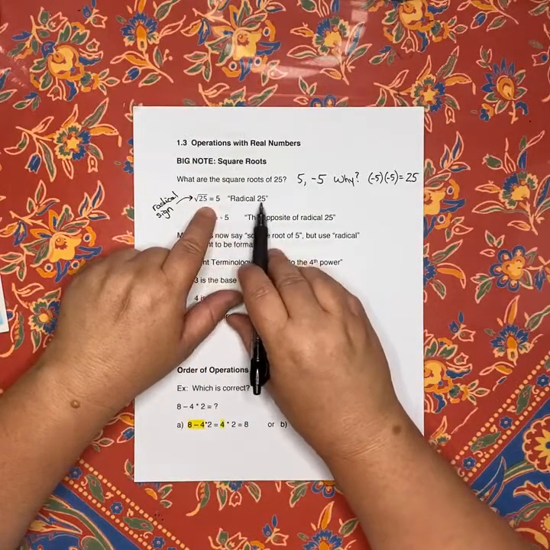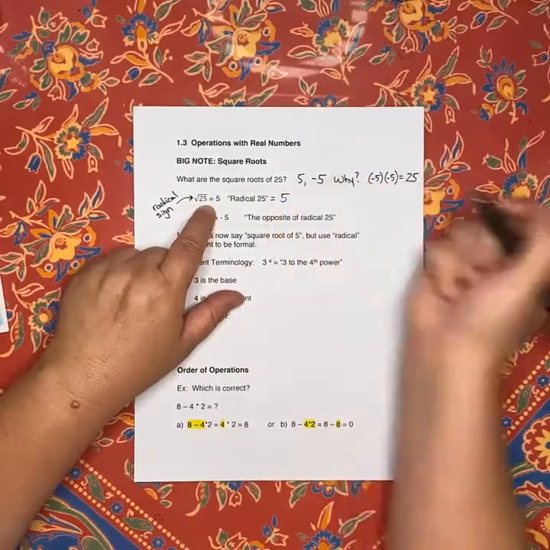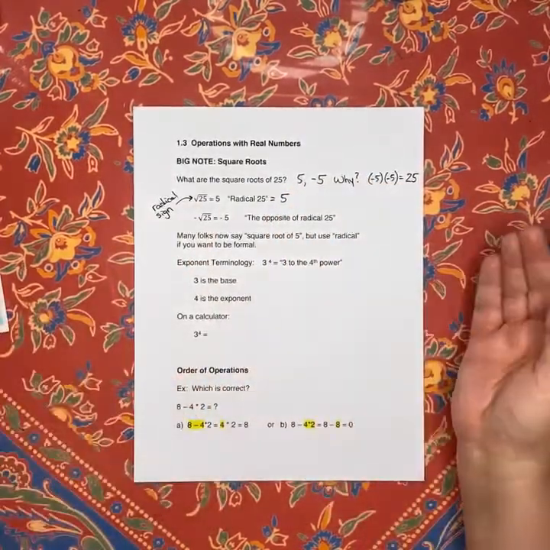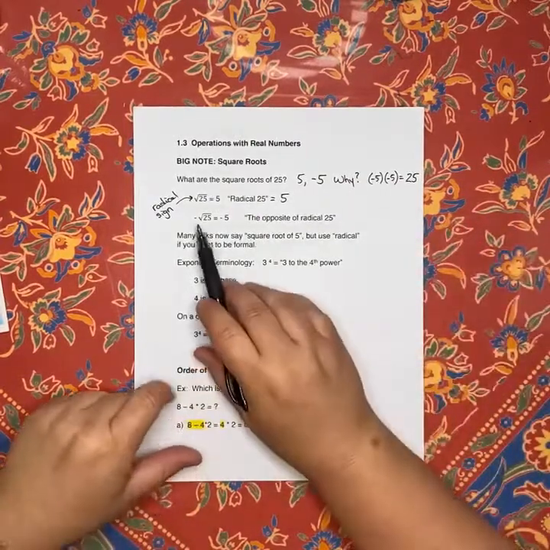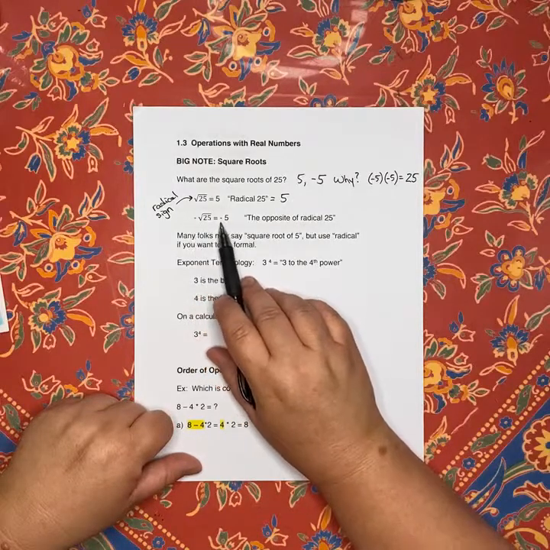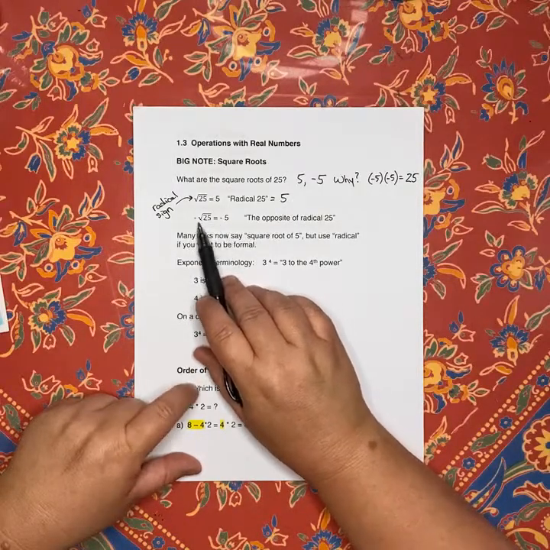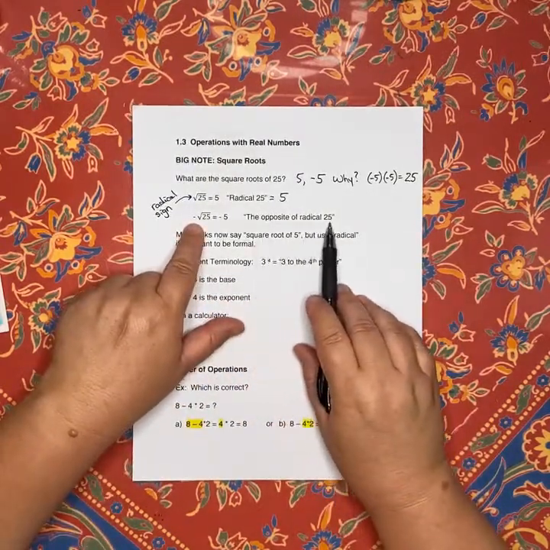You pronounce it radical 25, and that equals 5. Now, what happens if you want the -5? Well, then you have to put a negative sign out in front to tell people, oh, I want the negative one. And this technically is pronounced the opposite of radical 25.